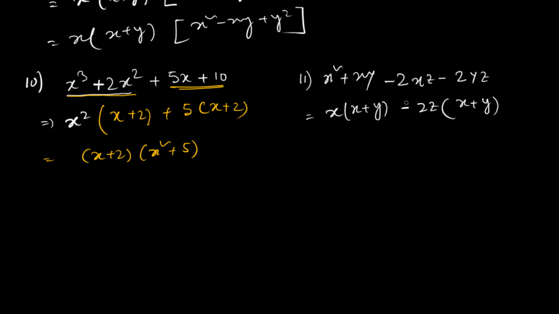As I have taken minus common, you have to be careful here. Whenever you are taking minus common, each and every term inside the bracket should change its sign. So this negative becomes positive. This is also negative, this becomes positive, because I have taken minus out. Now I can see x plus y is common again, so I'm taking x plus y common, and I'm left with x minus 2z. So that's the answer for the 11th one.